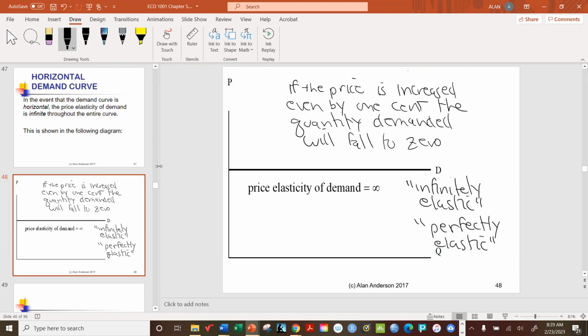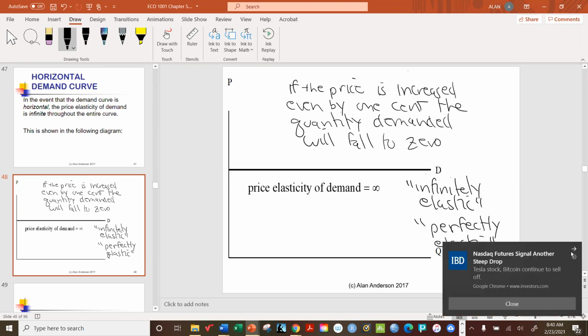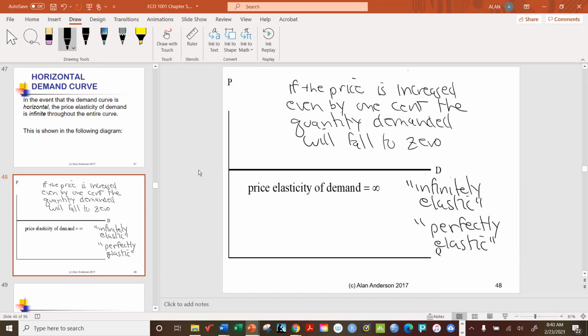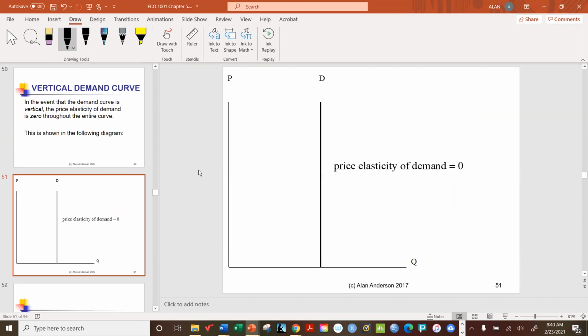Now, the other extreme would be the vertical demand curve, where there's no change in the quantity demanded at all. In other words, no matter what the price is, that's what we're going to pay. End of story. And we've used the example of life-saving drugs. This one, yes, the price elasticity of demand is 0. This is sometimes said to be infinitely inelastic, or perfectly inelastic.